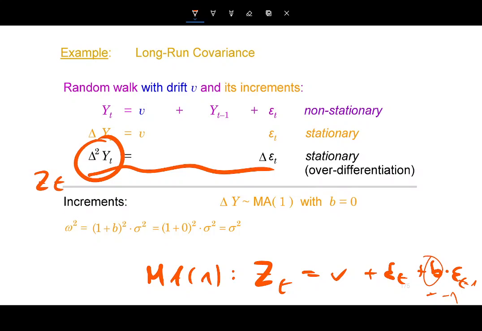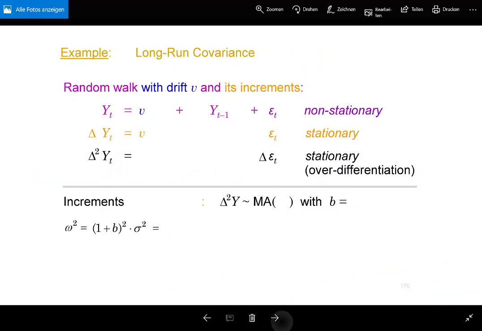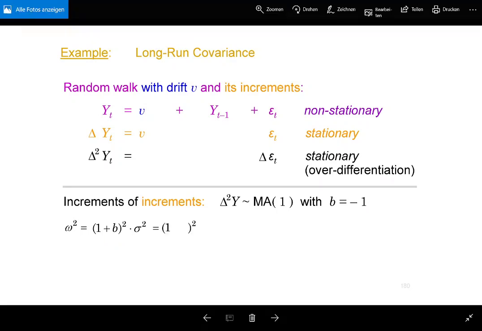Okay, so b is equal to negative 1. So the increments of the increments follow a moving average process where the only parameter involved is equal to negative 1. If you put negative 1 into the long-run covariance of the moving average process, you'll find that it is going to be equal to 0.